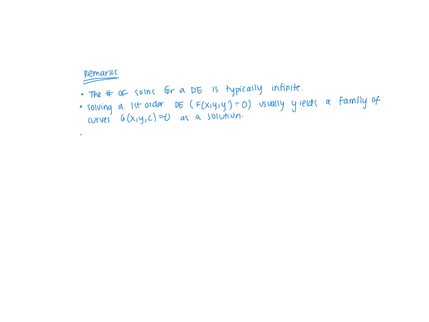So then the next logical thought is, well, what happens if it's not first order, if it's just any order, nth order? So if we are solving an nth order differential equation, so this is going to be one that's a function of x, y, y prime, all the way up to the nth derivative.